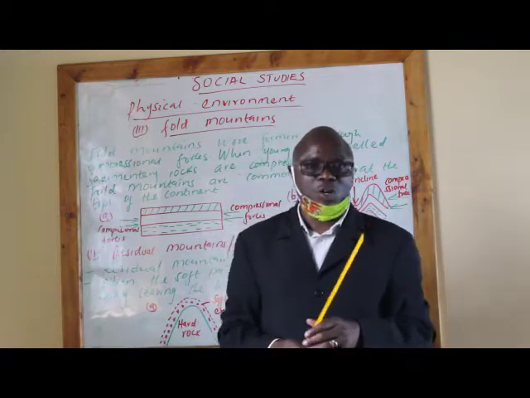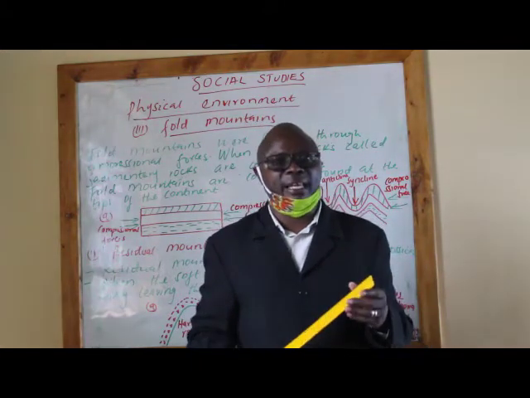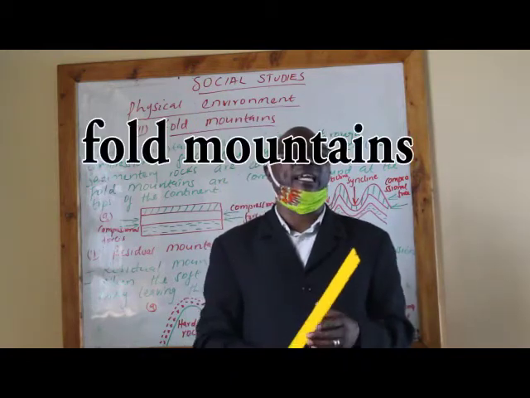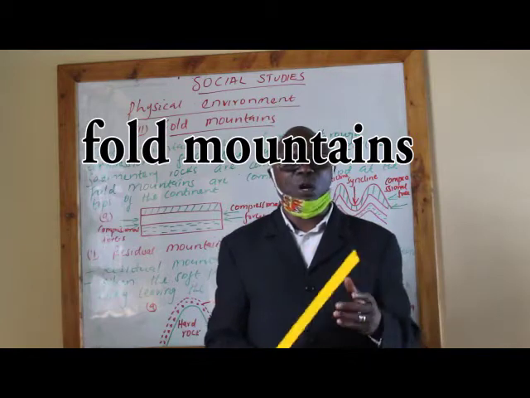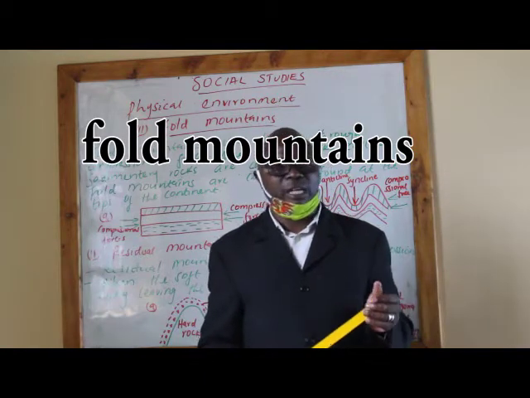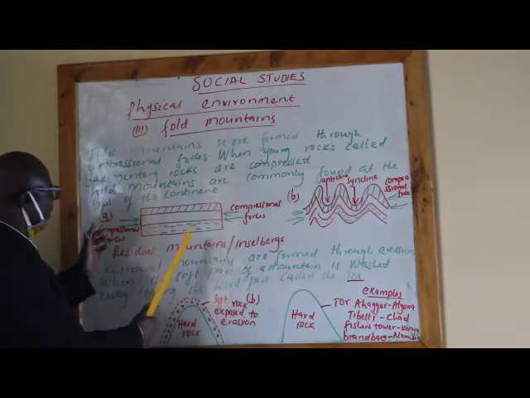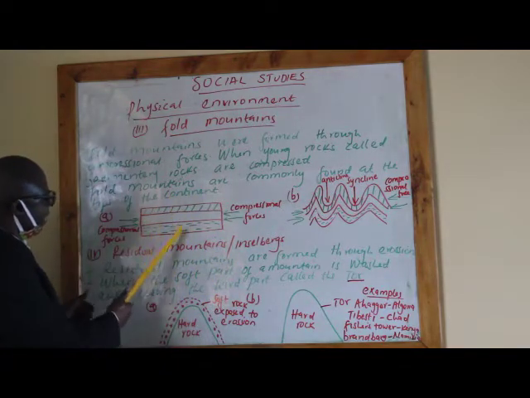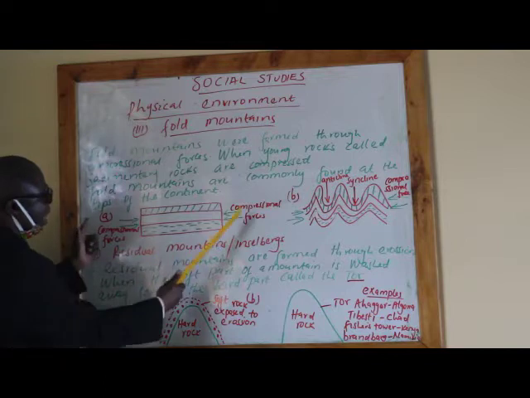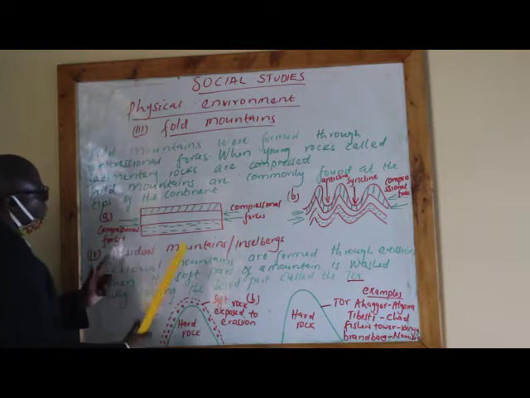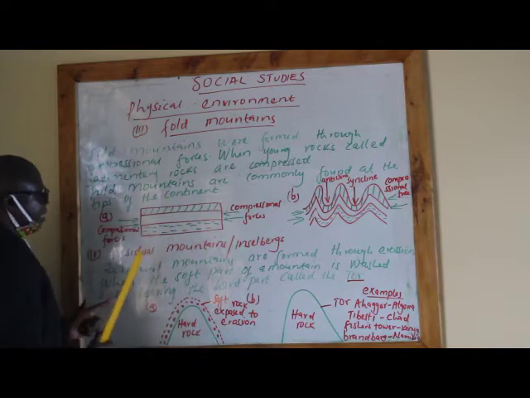And when young rocks called sedimentary are compressed, instead of breaking or cracking, they fold, forming what we call fold mountains. This is exactly what I'm trying to explain. These are the layers of the earth. At the initial stage, there are compressional forces being exerted towards the center.